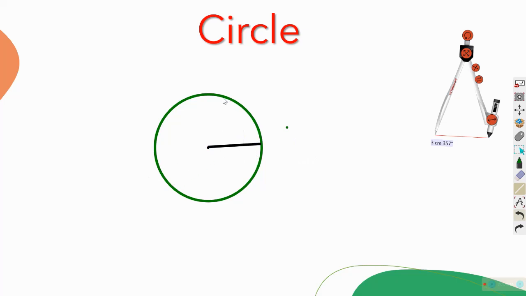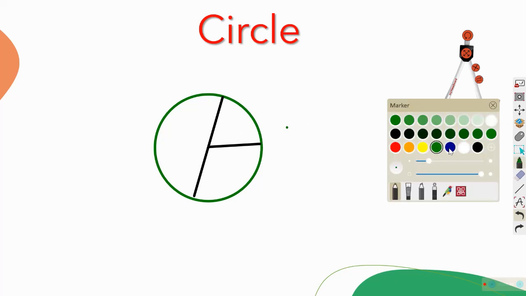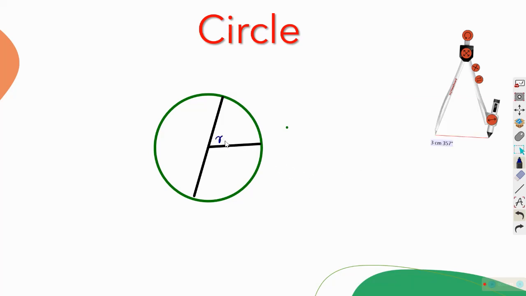If I draw another line through the center, this is the diameter of it, which will be 10 centimeter. If the radius is 5 centimeter, I can write it over here. Radius is equal to 5 centimeter, and diameter is equal to 10 centimeter.